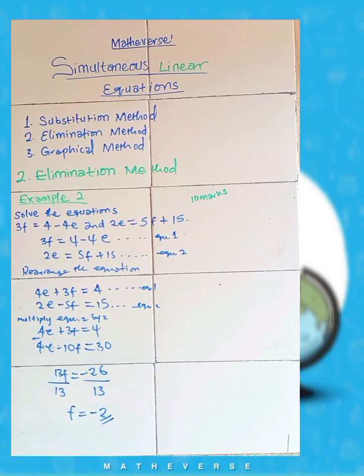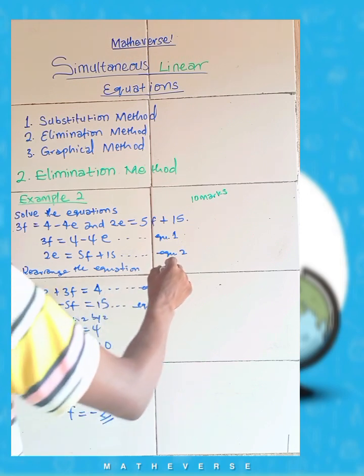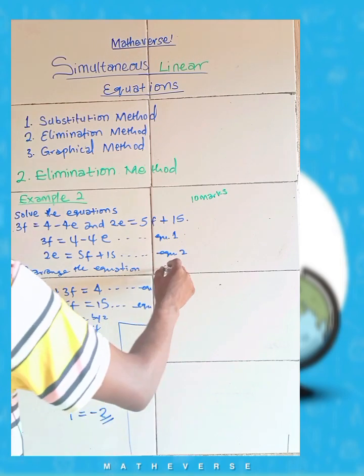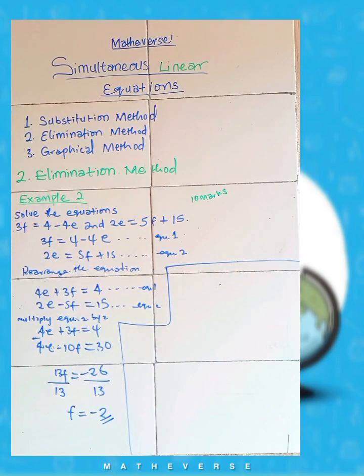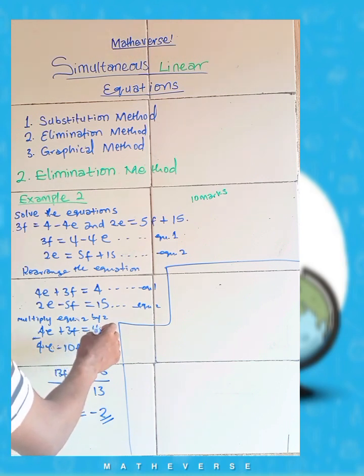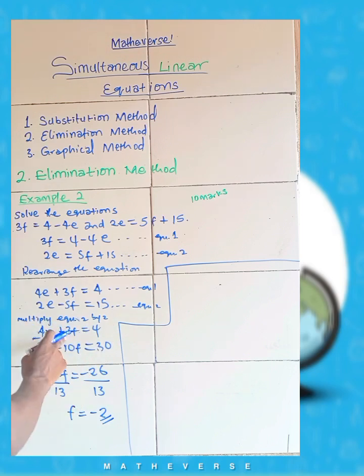Now we have found what f is. We can then substitute it into any of the equations to get e. So we substitute it into equation 3. Yes, let's substitute into this particular one.